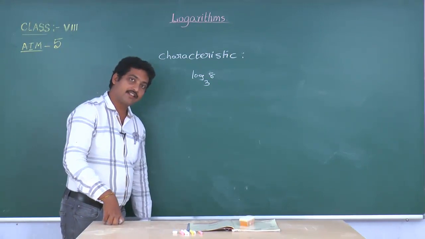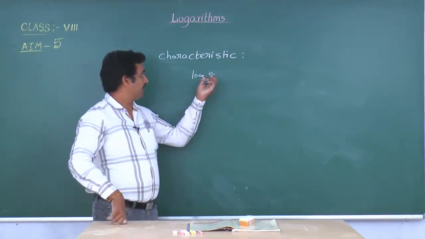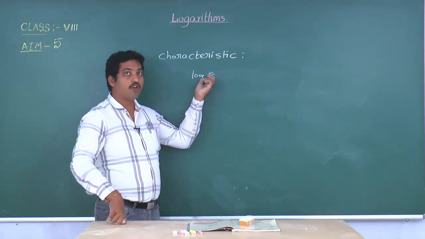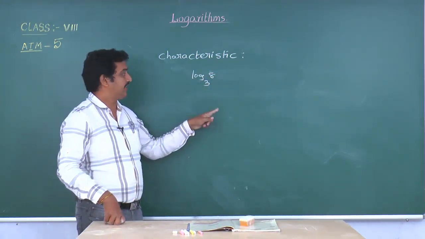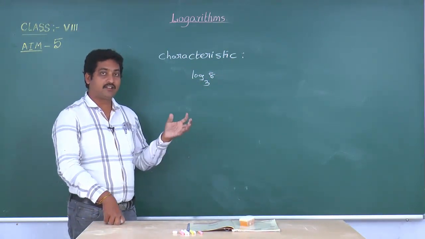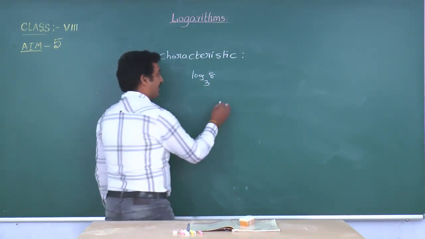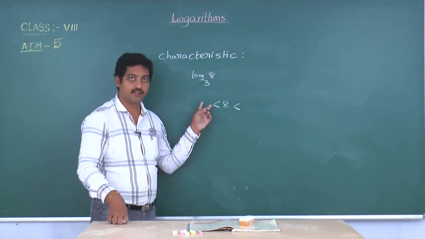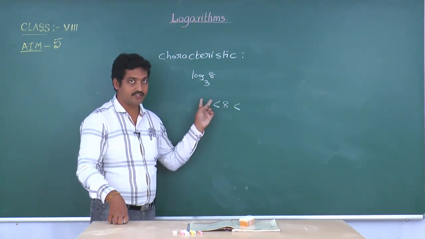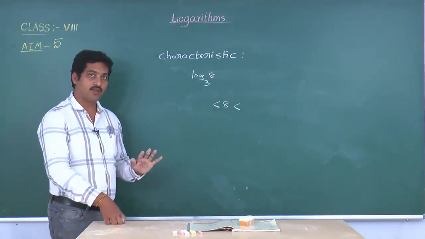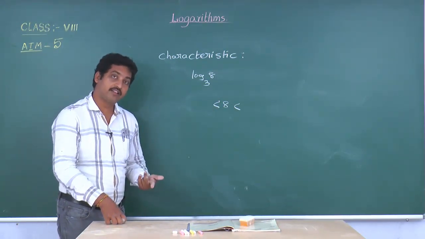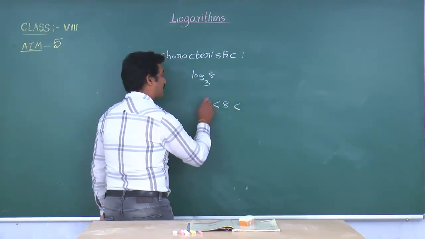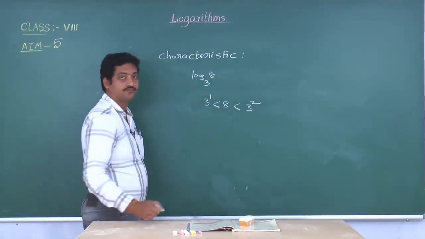To get the characteristic of the number, we write that number in between consecutive powers of 3. 3 power 0 is 1, which is less than 8, 3 power 1 is also less than 8, 3 square is greater than 8, so 8 lies between the two consecutive powers 3 power 1 and 3 square.